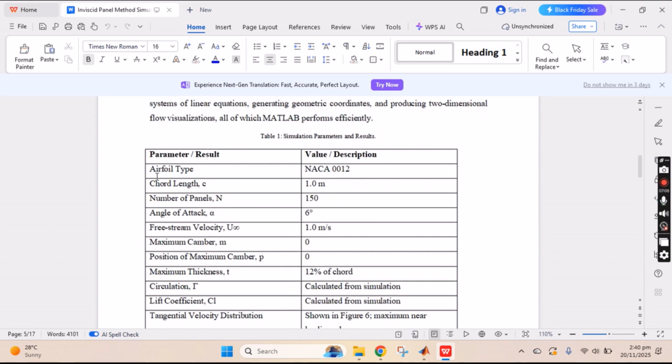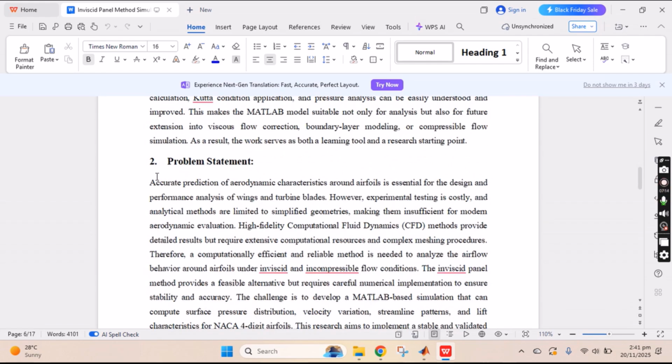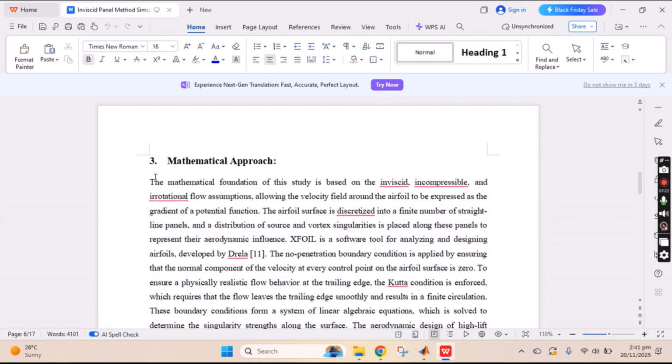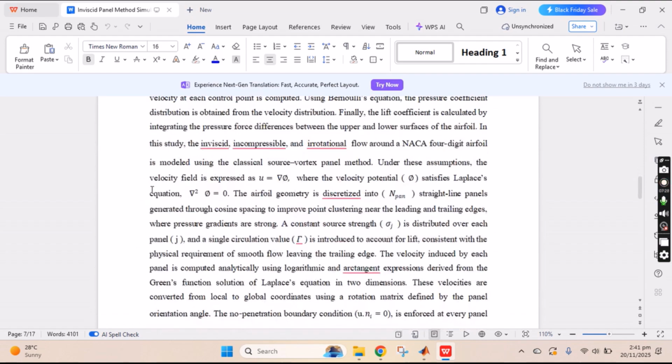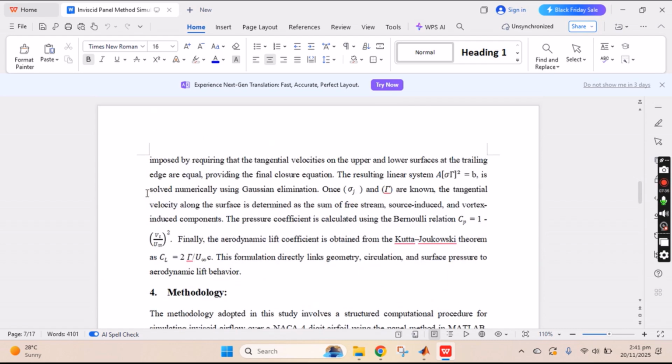Here is a table of the parameters used in our MATLAB code, and here is the problem statement, where I highlighted high-fidelity computational fluid dynamics methods. There is a mathematical approach in which I added all the equations used in the simulation model, which are basically the Laplace equation, Gaussian elimination, and the tangential velocity, which we call tangent velocity.